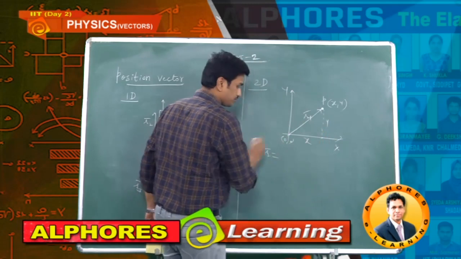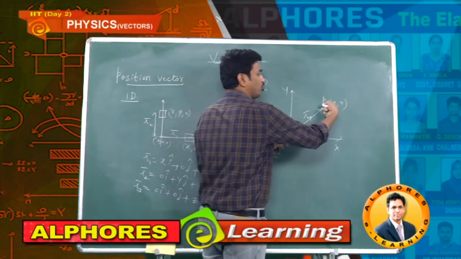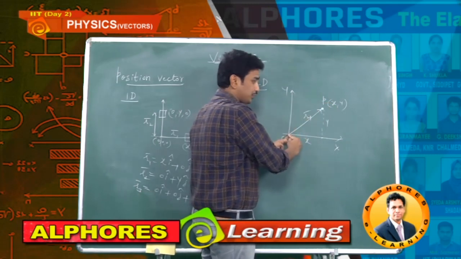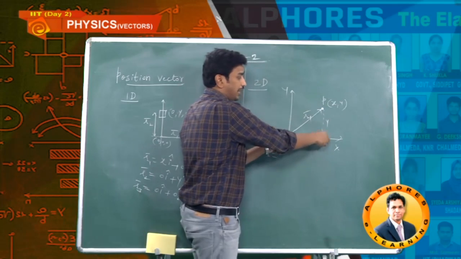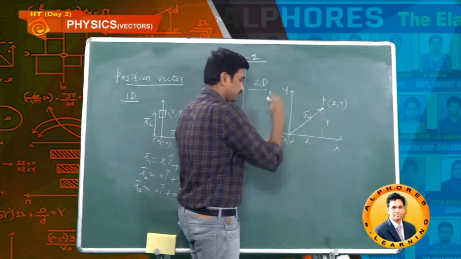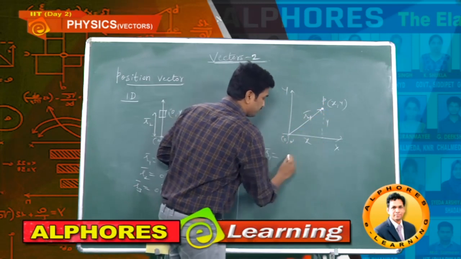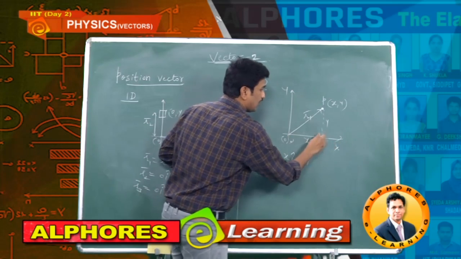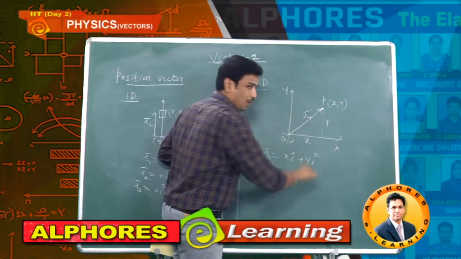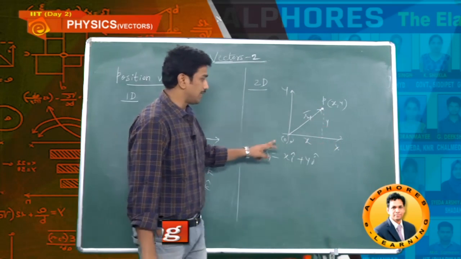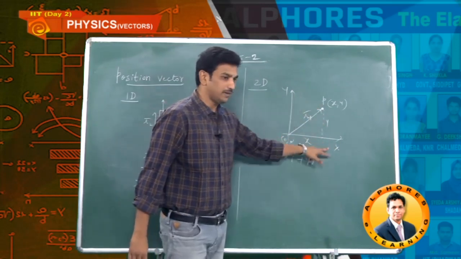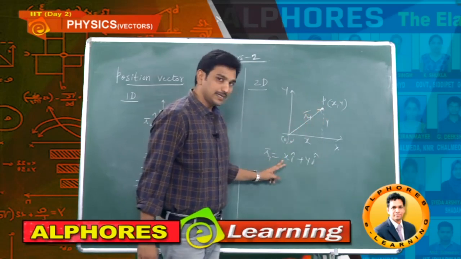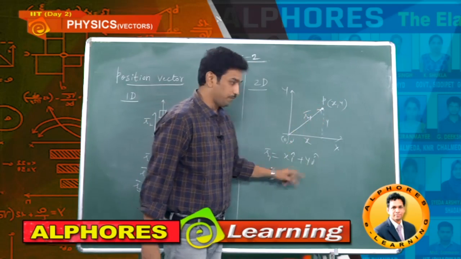To reach point P, along the x direction it has to go x, along the y direction it has to go y. So r1 bar is x along x, y along y. The particle is in the xy plane, and its position vector r1 bar is x i cap plus y j cap.